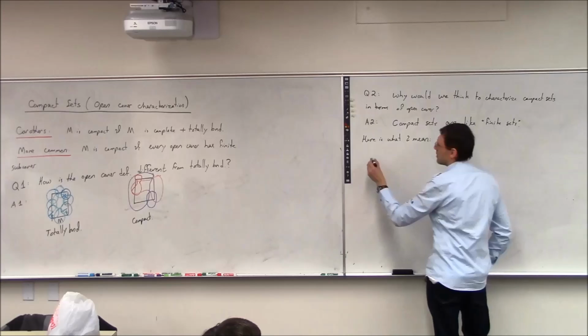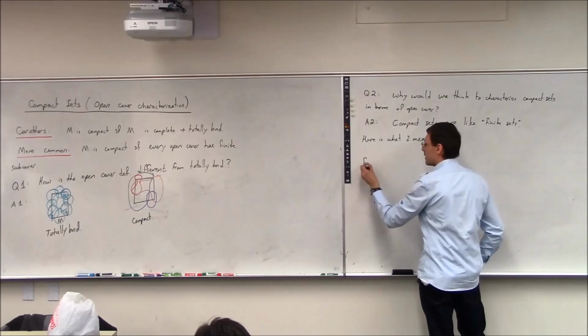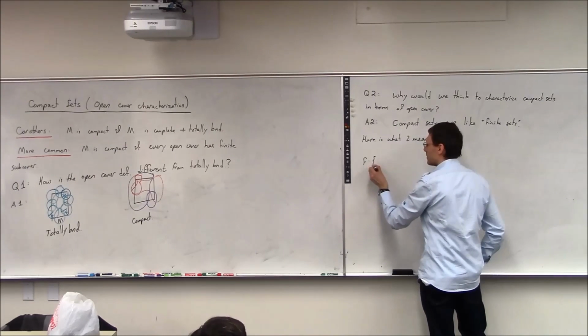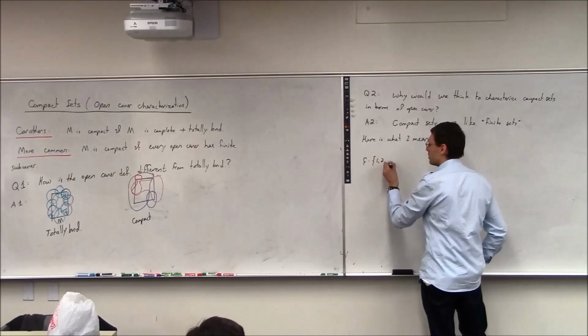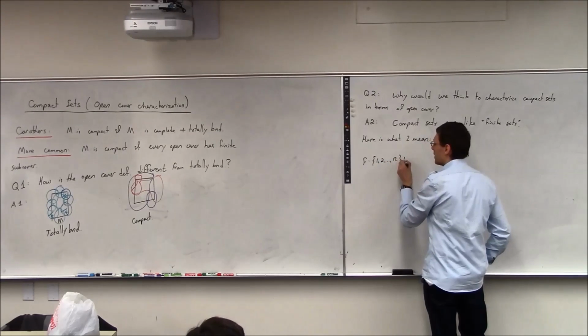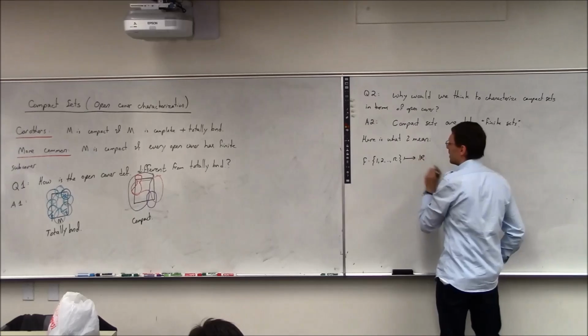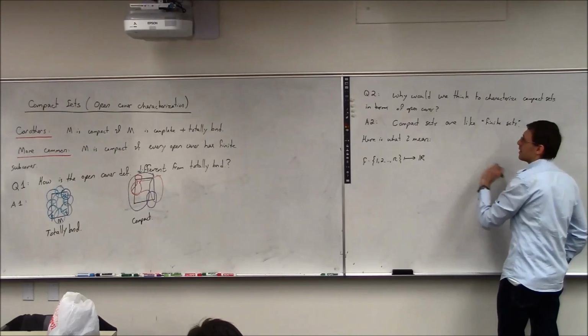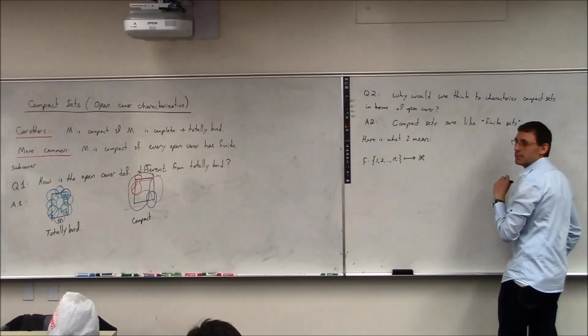First of all, suppose that we have a function f from the set 1 to, let's say, all the way to n into R. I have this function, and this function has a maximum and minimum, correct?